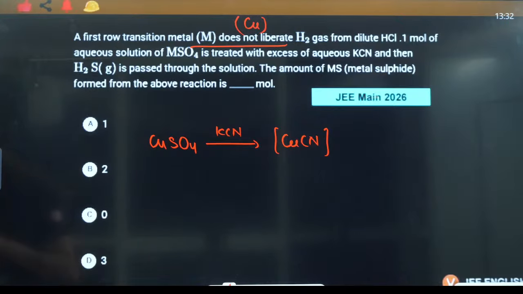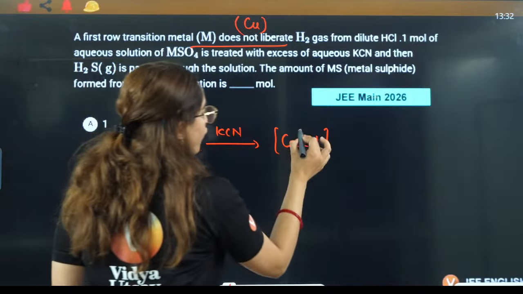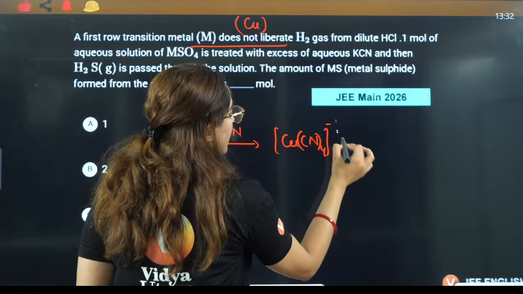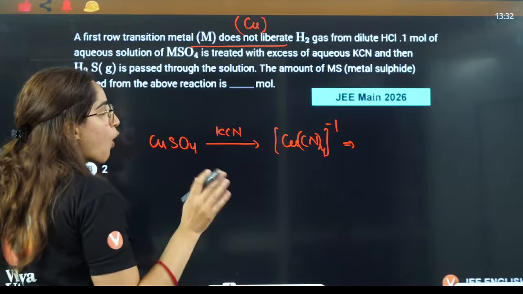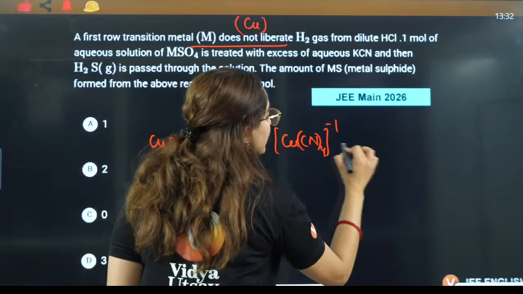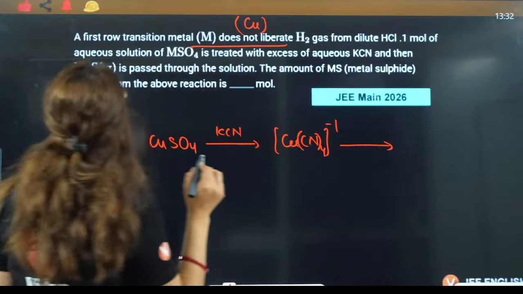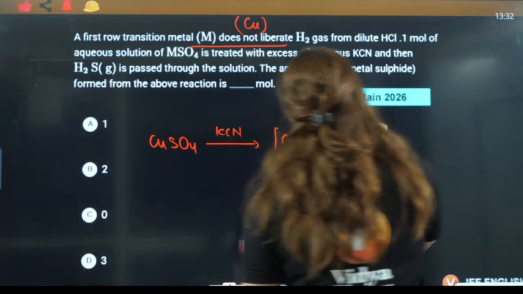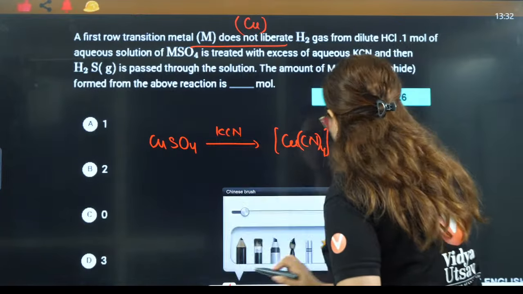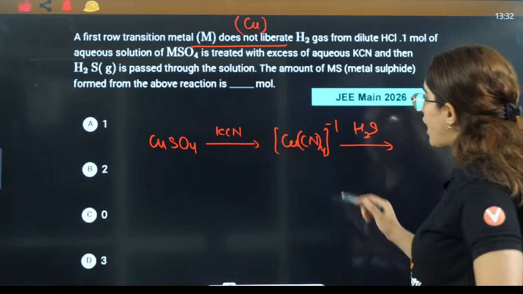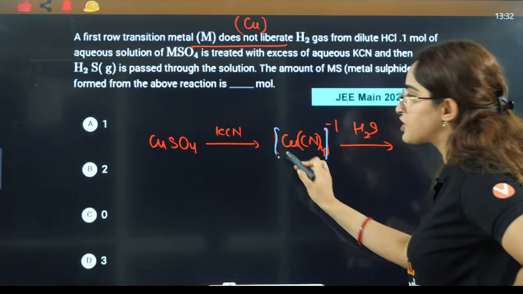Now this will form the complex [Cu(CN)4], right? This is not going to react with H2S to give metal sulfide, because it is inside the coordination bracket.